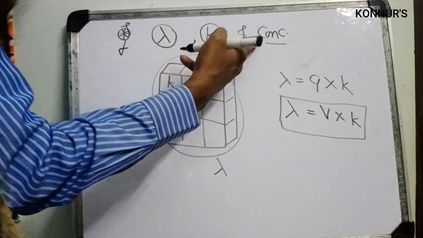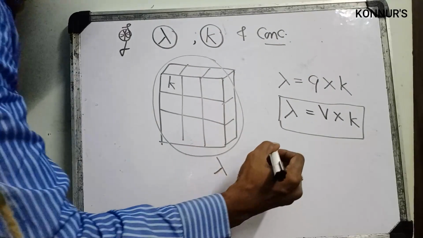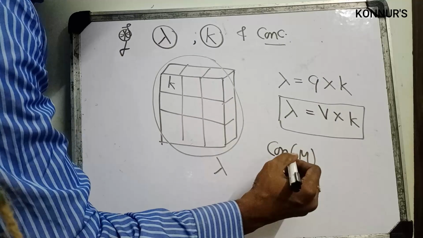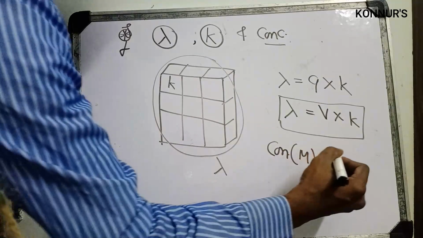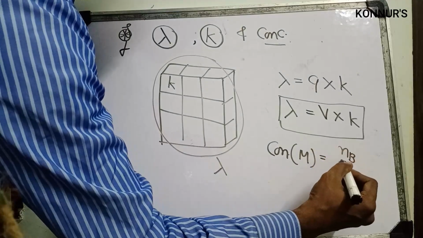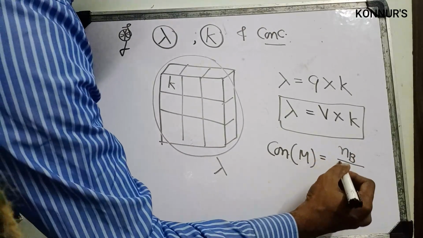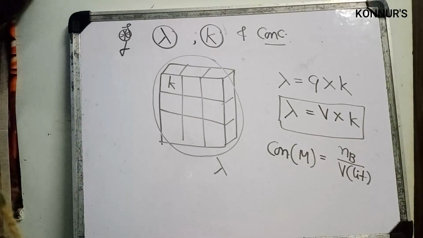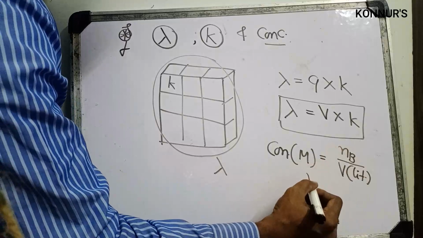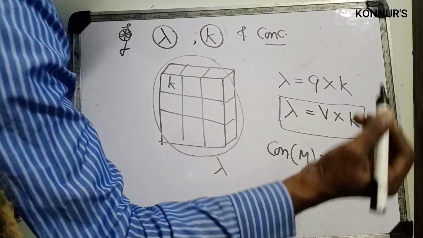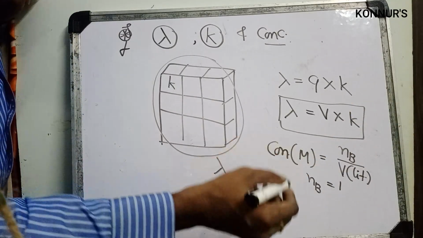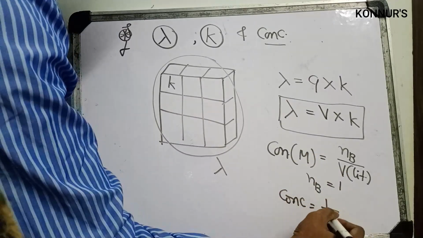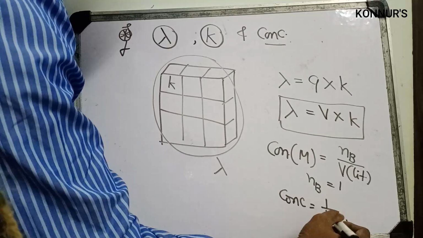So what is the relation between concentration and volume? We already know concentration is molarity. Molarity equals the number of moles of solute present in V liters. Suppose we take 1 mole of electrolytic solution, then concentration equals 1 by V liters.